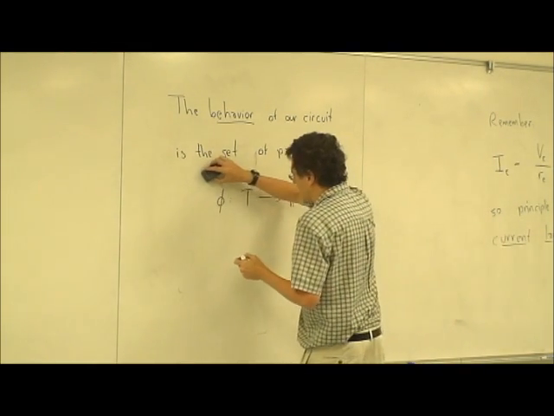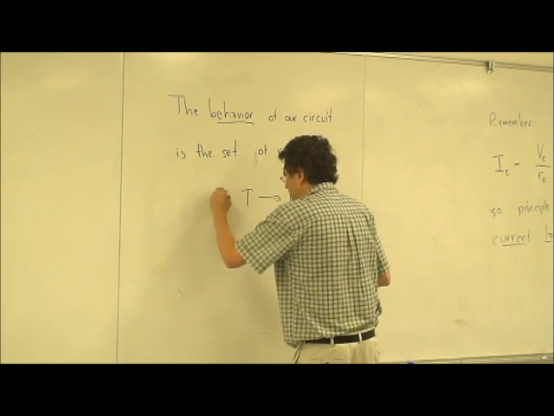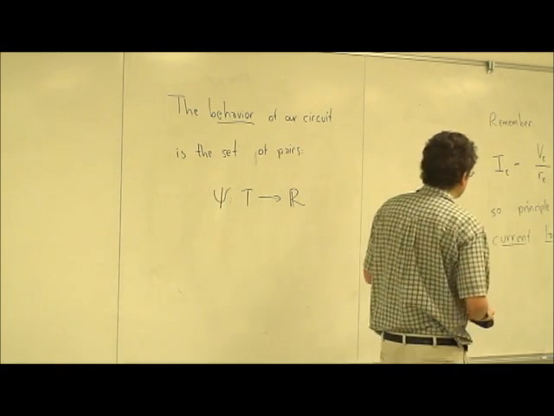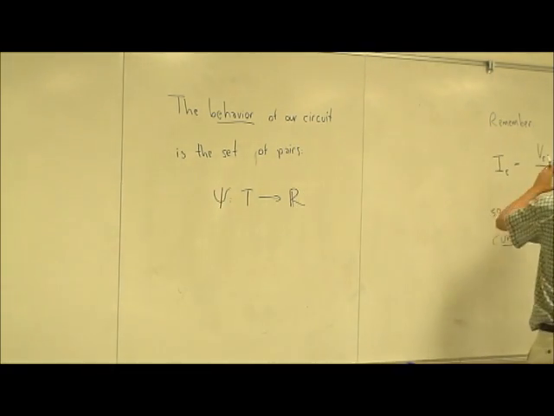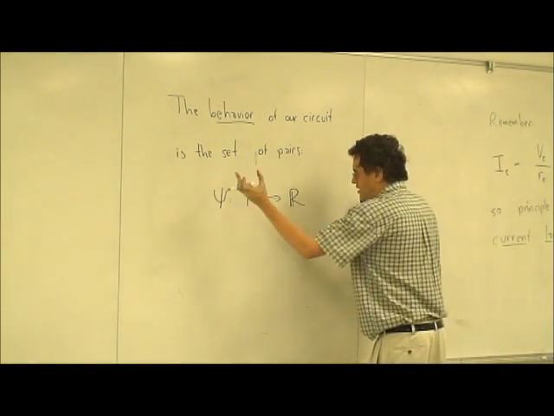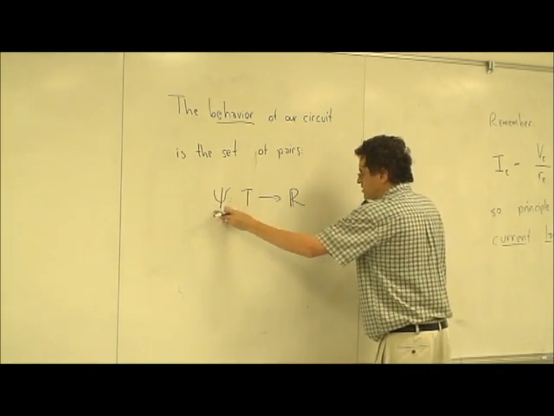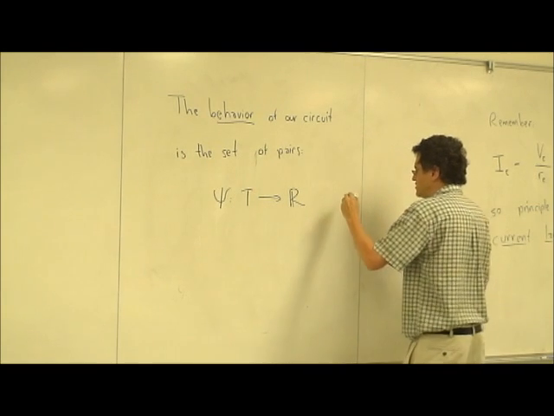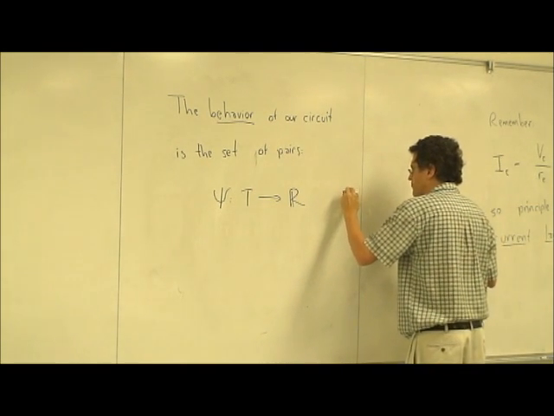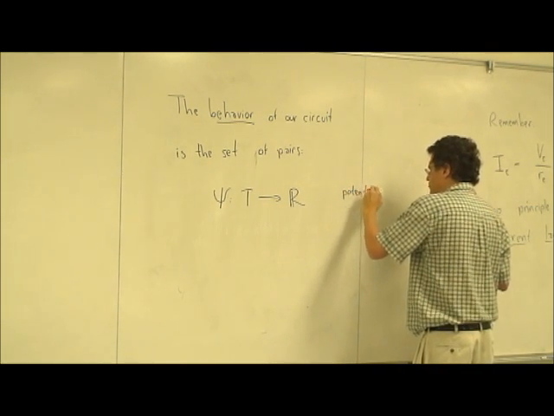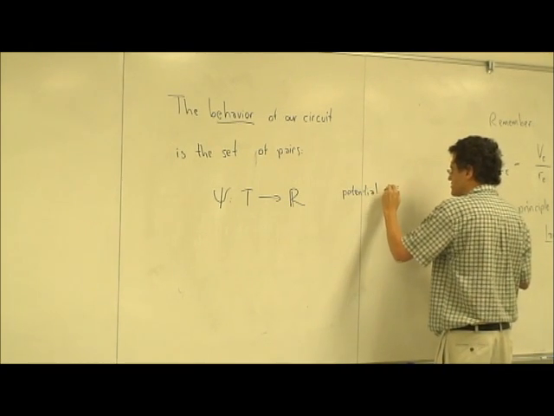Sorry, let me not write that, let me write a different letter for that, okay? Because I've been using phi to mean this function on all the nodes. So I'll use its brother c to mean the potential at the terminals. That's the first item in our pair.